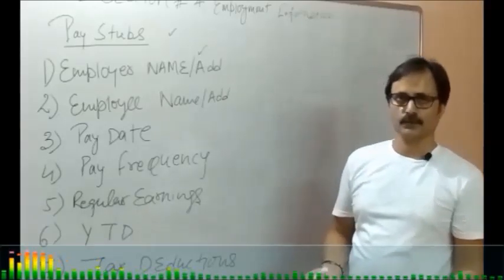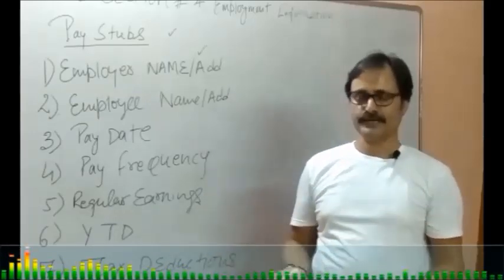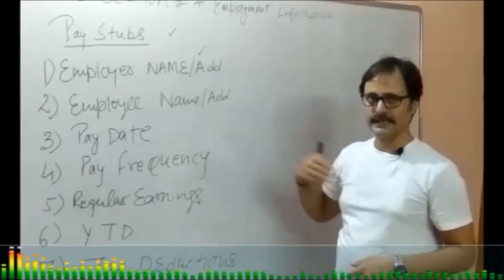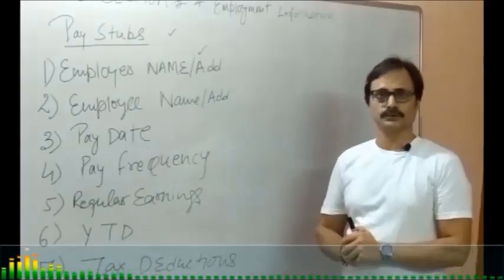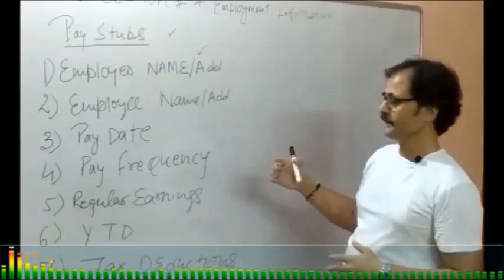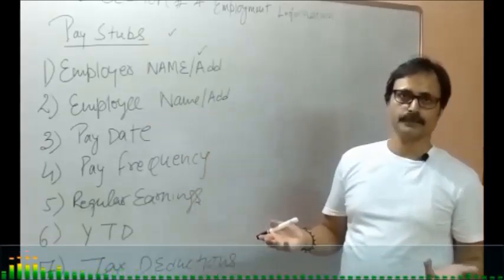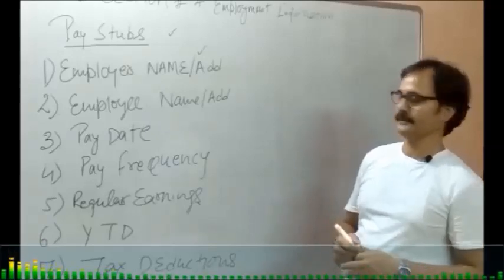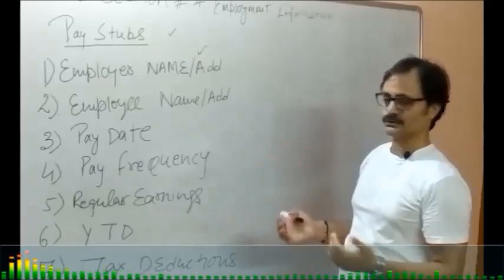How can we determine whether that pay slip belongs to me? If the pay stub shows my complete name, then definitely it belongs to me. Otherwise it would not be valid, because it doesn't have any evidence that the pay stub belongs to the borrower.